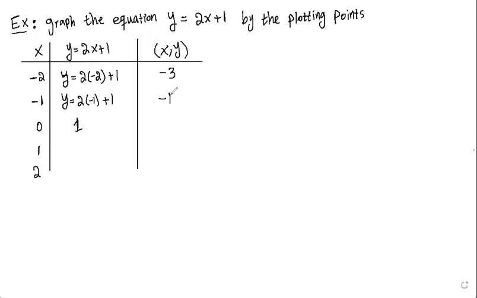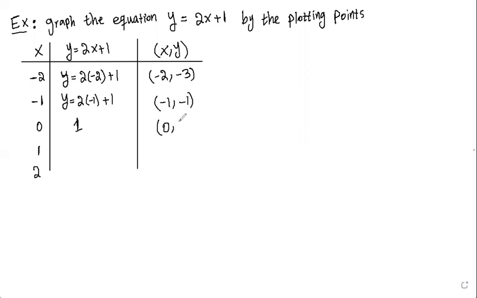So here the points are ordered pairs. The first point is -2 and -4 plus 1 is -3. Second point, -2 plus 1 is -1.